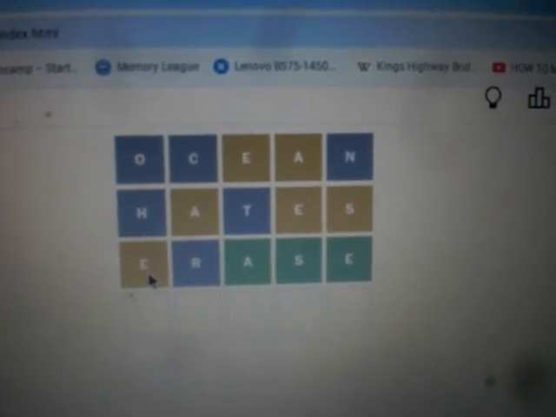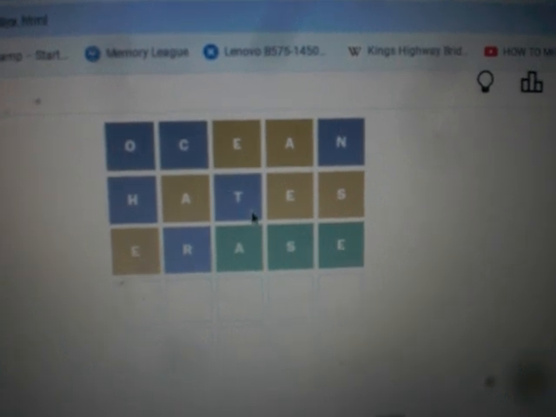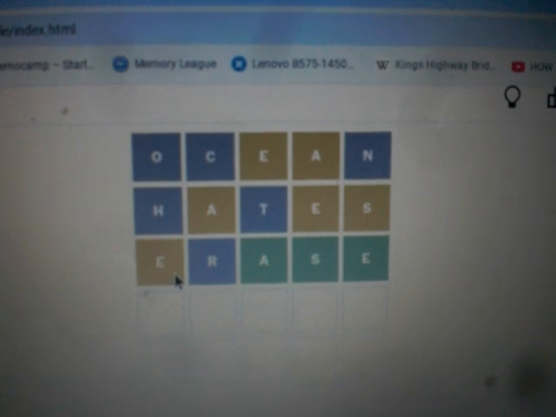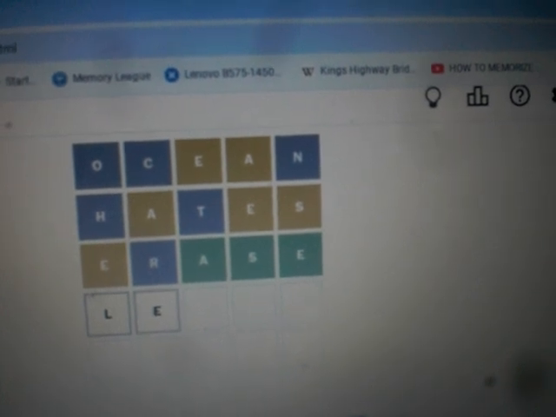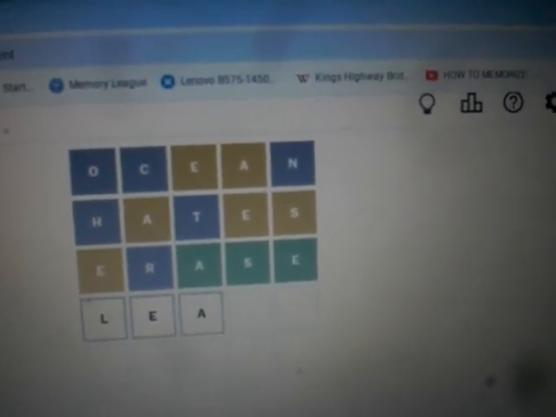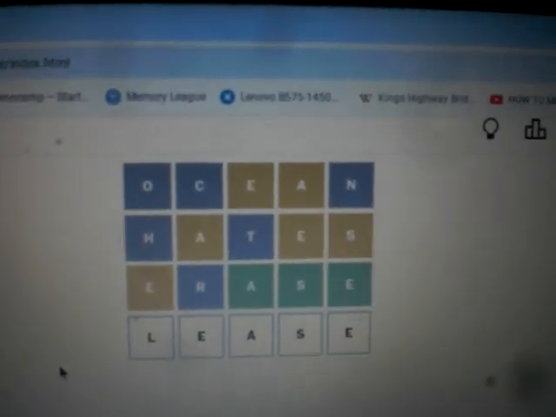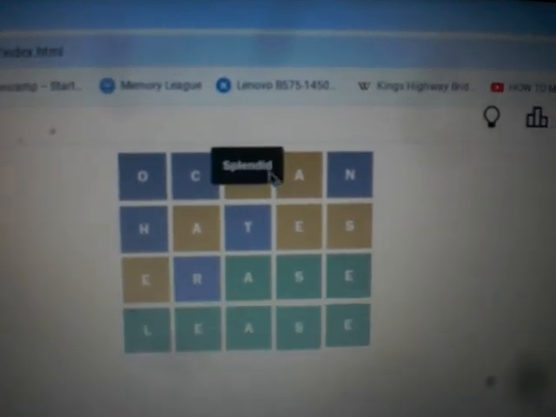Q, Q-U, R, S, T, tease, but you can't use the T. U, V, W, X, Y, Z. So by elimination, see why this system works so well? By the process of elimination, we now have one word that we found. Now there may be another obscure word, but as I mentioned many times, Wordle doesn't usually use obscure words. So there it is. So we got it in 4, splendid.